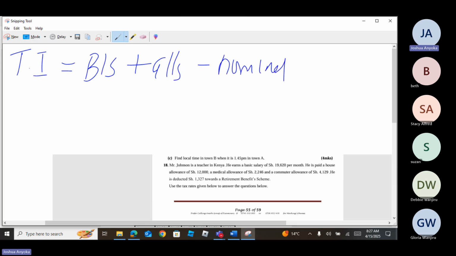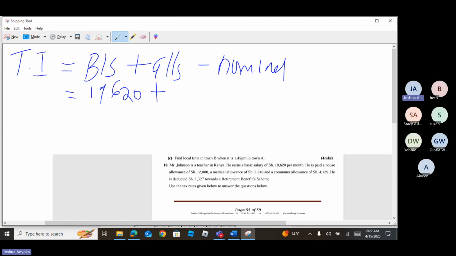We are told Mr. Johnson is a teacher in Kenya. He earns a basic salary of 19,620, so 19,620 plus. There is nowhere we are told that he is housed by the employer, so we add allowances.